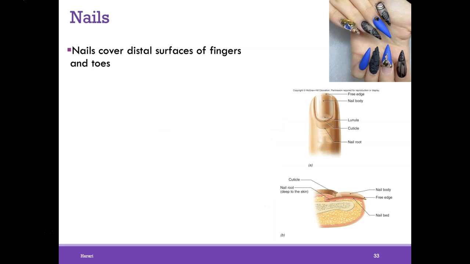So nails are other accessory structures of the integumentary system. Fingernails and toenails are clear, hard derivatives of the stratum corneum. Right? And nails cover the distal surfaces of fingers and toes. So they are mostly made of keratin, right? They're dead, keratinized, tightly compact cells.